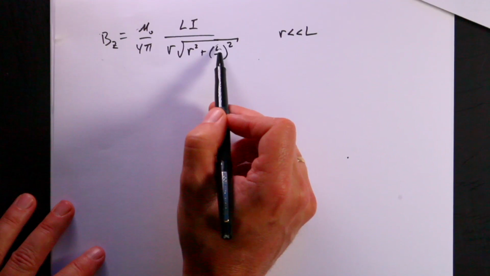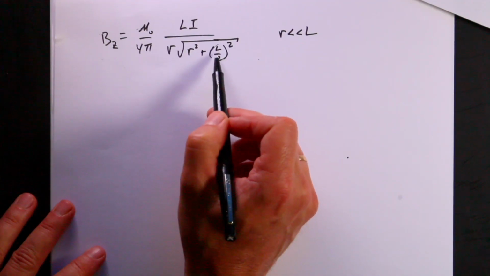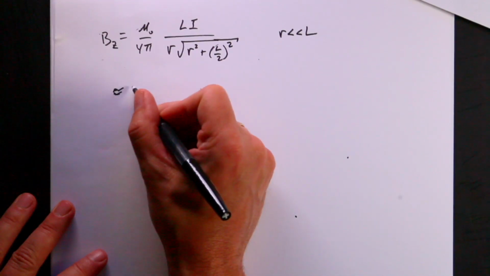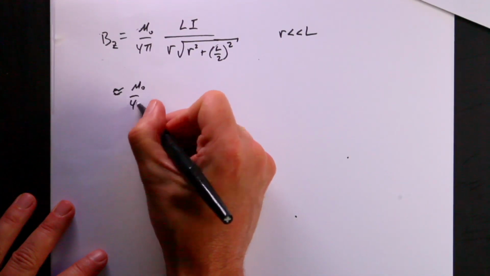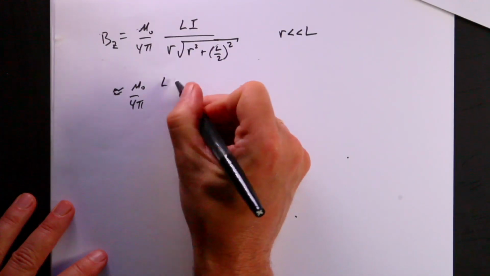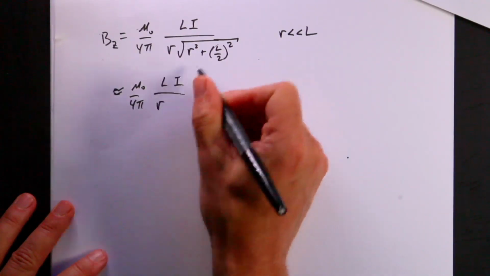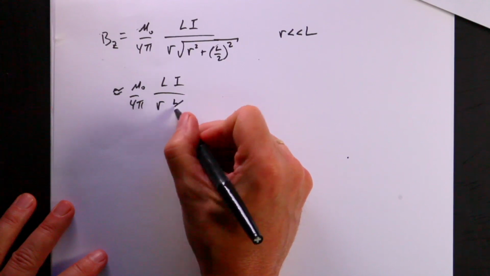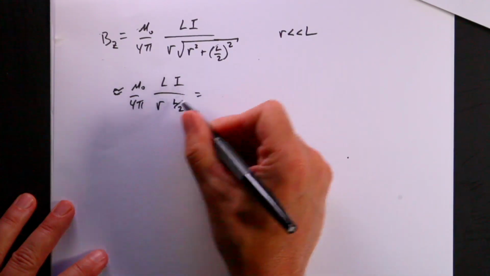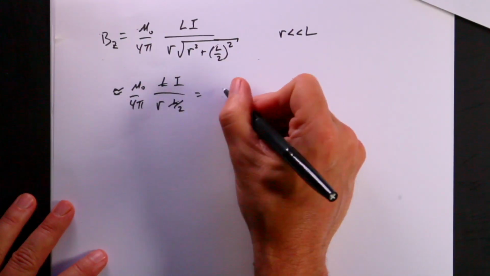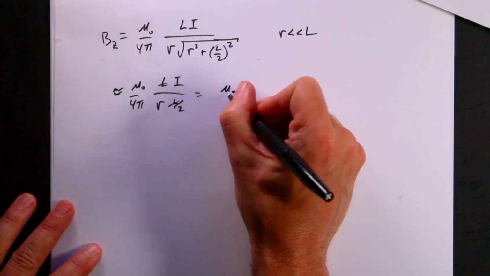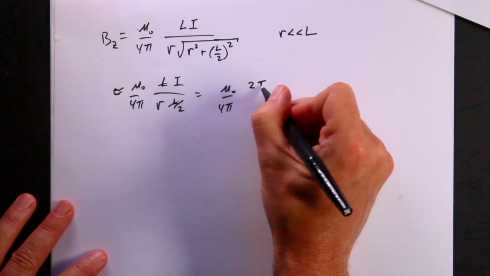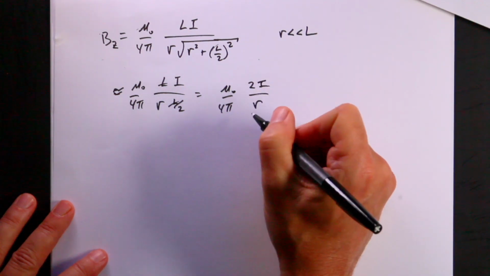So I can just say this is going to be the square root of (L over 2) squared, which is L over 2. So I get approximately mu naught over 4 pi, and then I have L I over r, and then this just becomes L over 2. And so the L's cancel, and the 2 goes up top, and I have mu naught over 4 pi times 2I over r. That's right.